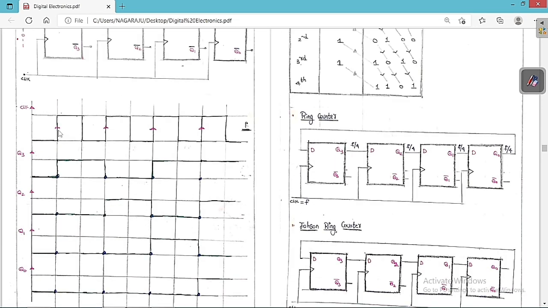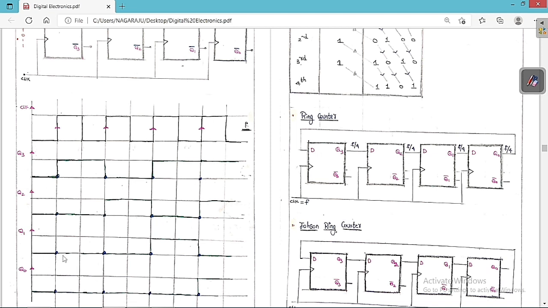I already told you, just before this triggering, Q3 is equal to 0, so the same thing happens. As the triggering happens, the previous input, which is 1, flows here. Again you give triggering, here it is 0, so you get 0. Again you give triggering, just before this it is 1, so you get 1. Just before that, you have to see.